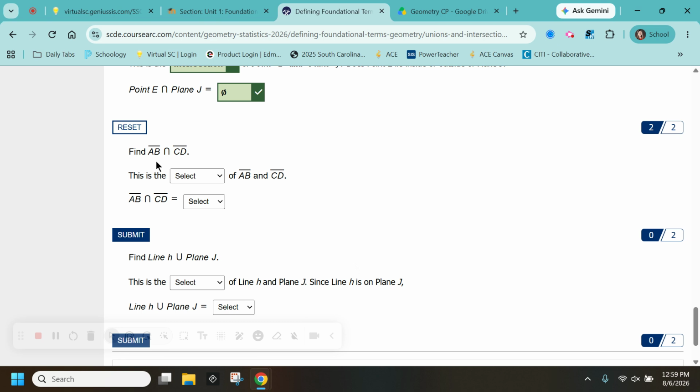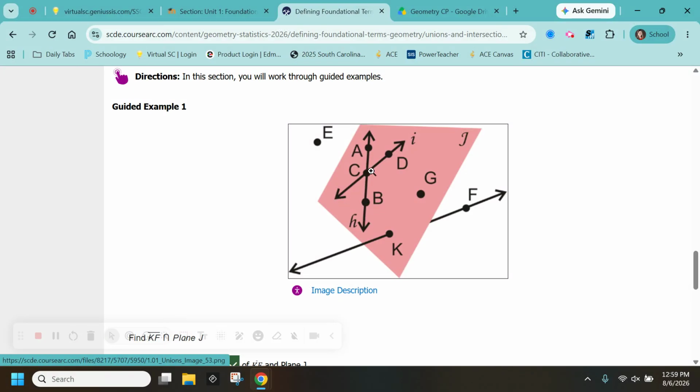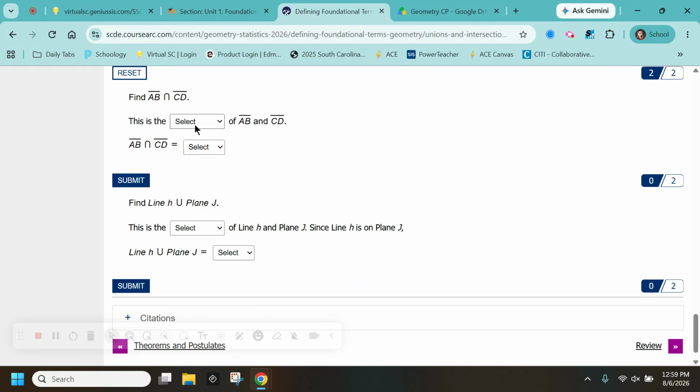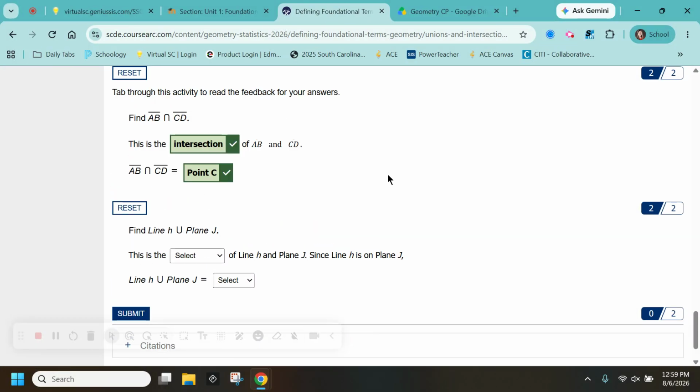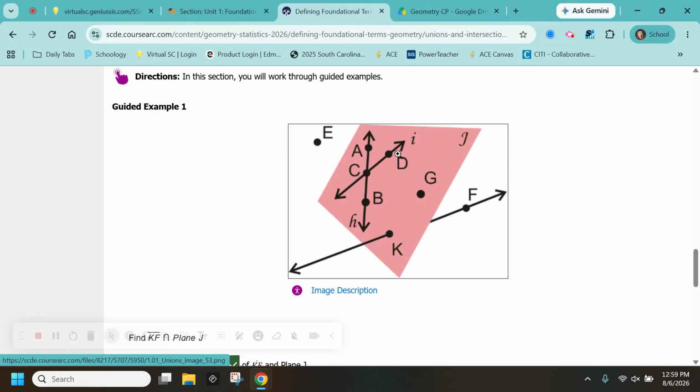For this one, find the intersection of segment AB and CD. So AB and CD intersect at point C. And then find the union of line H and plane J. So line H is this here, and plane J. Because everything on line H is in plane J, we have to include all of plane J, and it's the union.